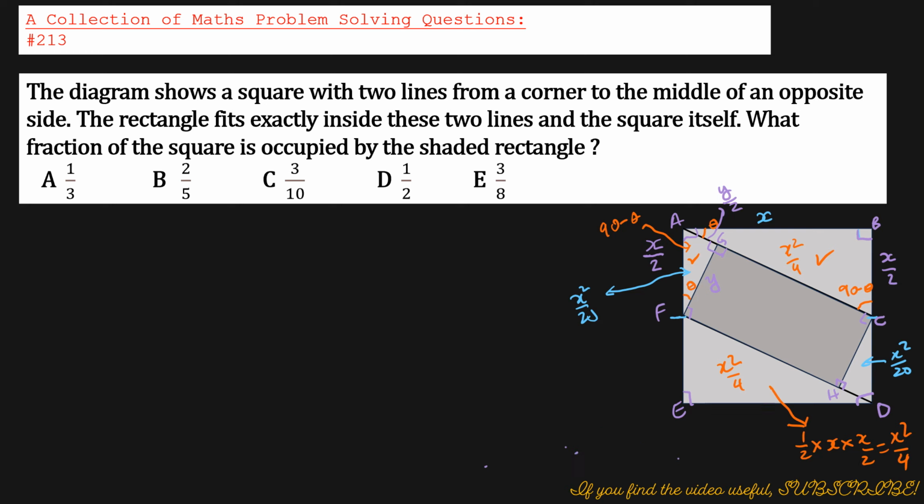So now comes the part where we are going to add up the area of the white part.